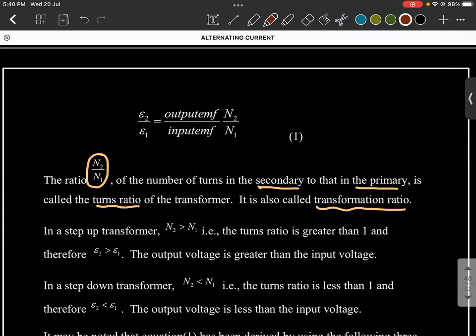So you should not get confused. The name itself suggests the ratio of the number of turns. But the point to be noted here is, what should be the numerator? N2 should be the numerator. If you write N1 by N2, it is not called turns ratio. So turns ratio basically represents output, that is N2 divided by N1. Note the point. Is it clear?